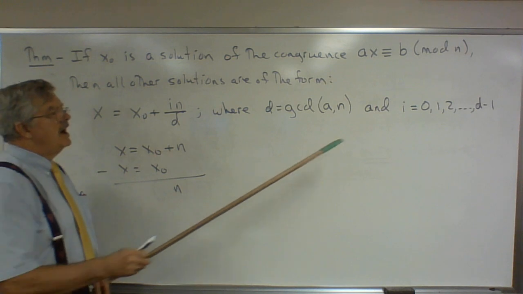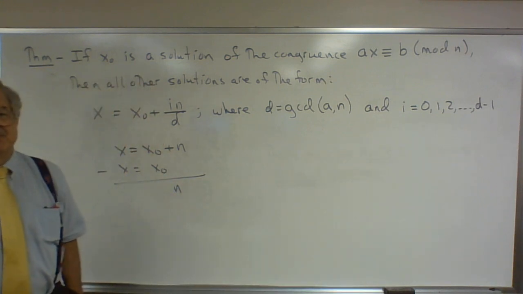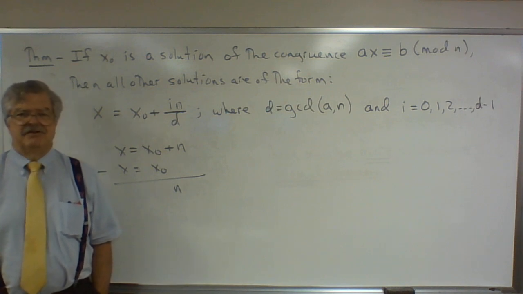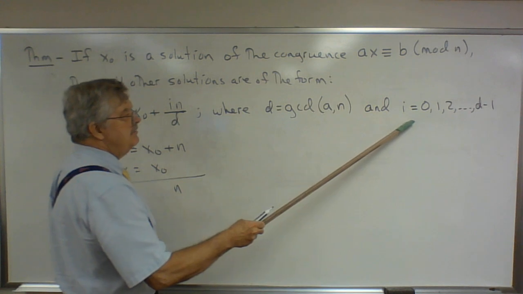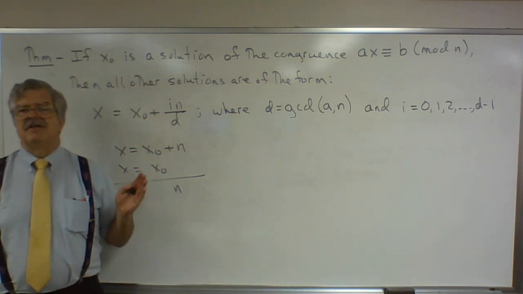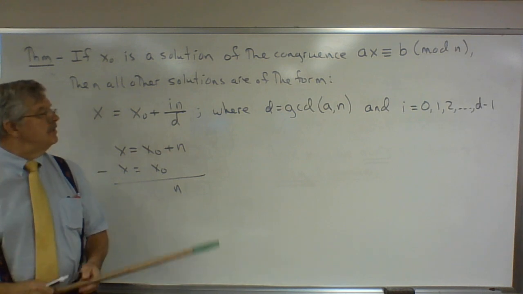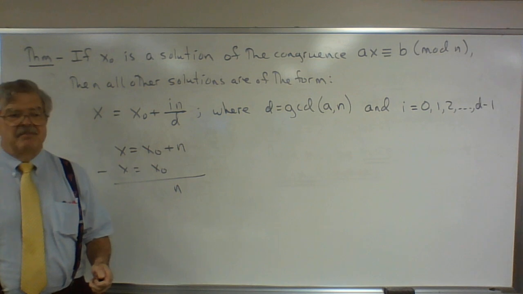If we allow i to equal d and anything greater, that's when we start generating duplicate solutions modulo n. So allowing i to range from 0 to d minus 1 will guarantee that all of the solutions that we get with this formula are distinct solutions modulo n.